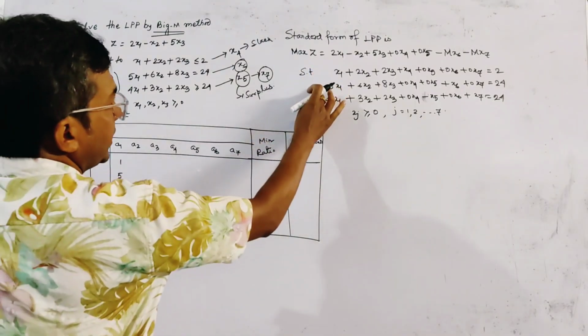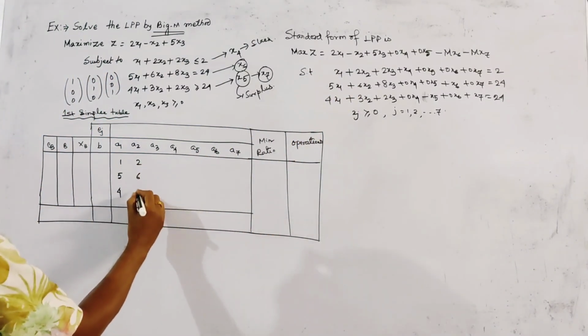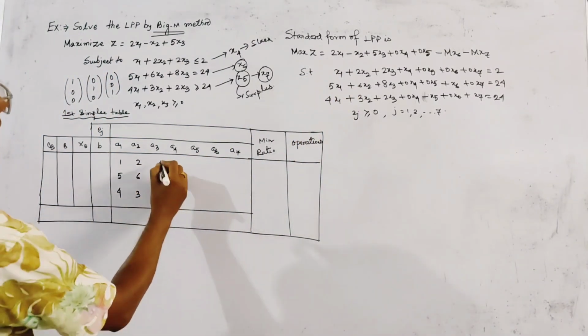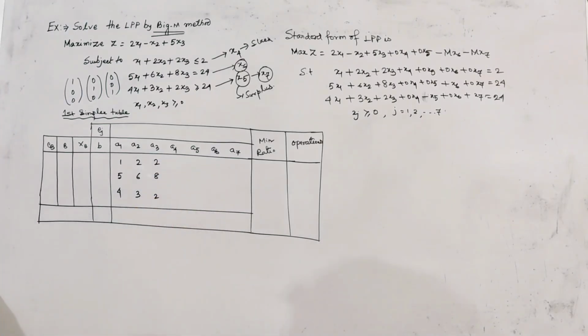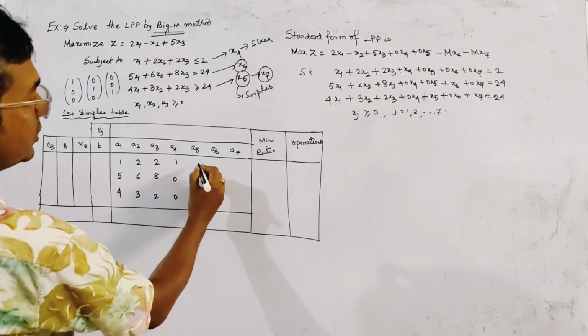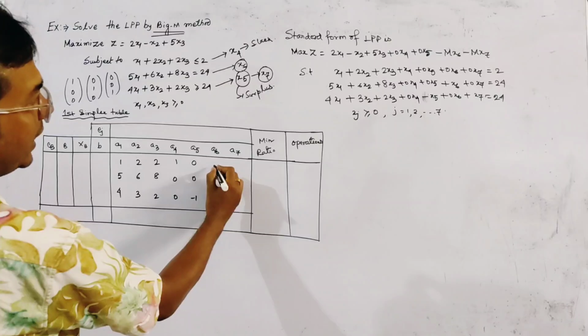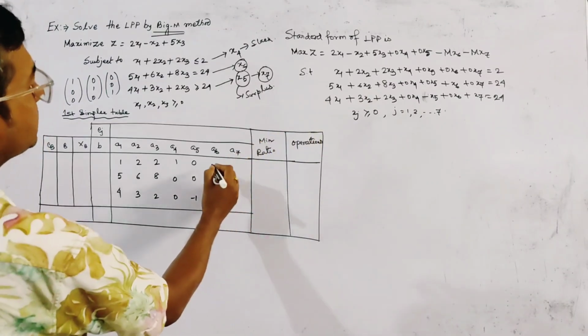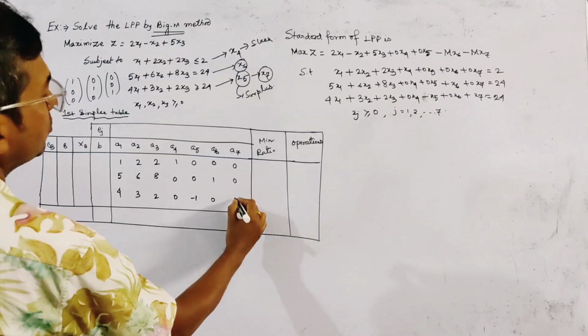Second is 2 6 3. The third one is 2 8 2, and the next one is 1 0 0. This is 0 0 minus 1, then 0 1 0, and then 0 0 1.